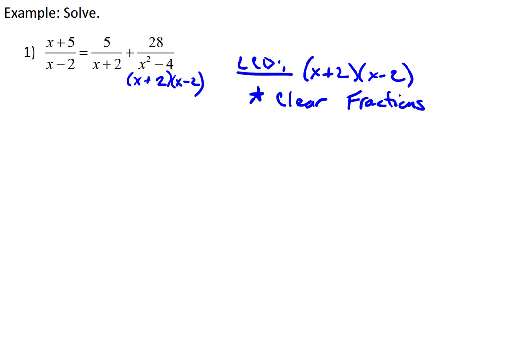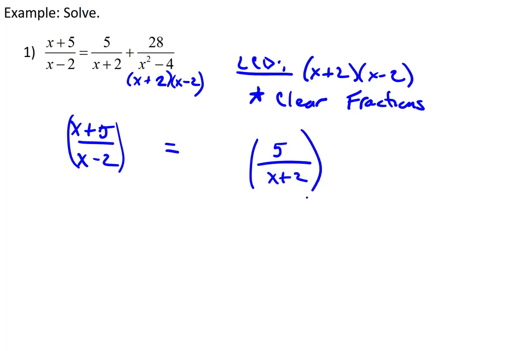So it looks a little messy at first, but then it gets nice quickly. What we're going to do is start by recopying our problem, but we're going to put all of the original terms, so x plus 5 over x minus 2 is what we had on the left side. I'm going to put that in parentheses, and then we're just going to space things out to leave enough room to be working with all this, and then keep copying all the original fractional or rational terms down. So 5 over x plus 2 was our next, plus, and then lastly we had 28 over, and then I'm going to use the factored form of that last denominator.